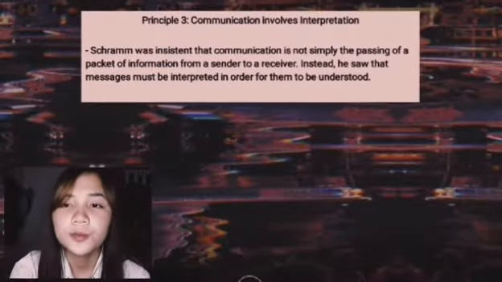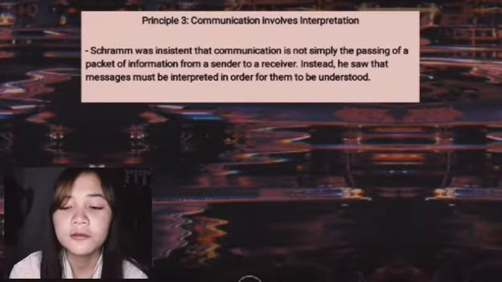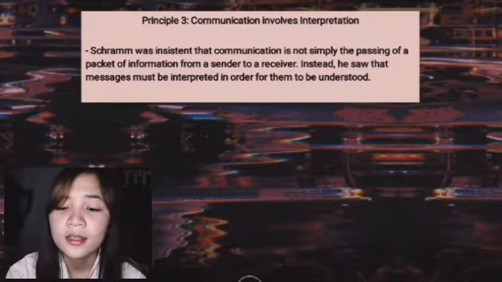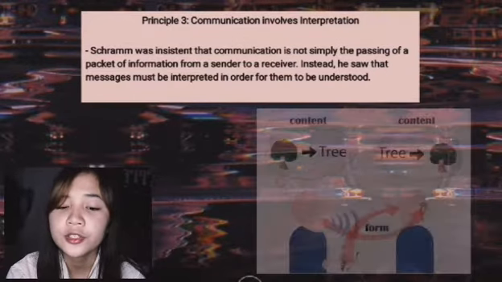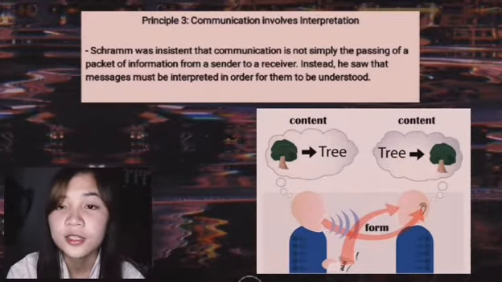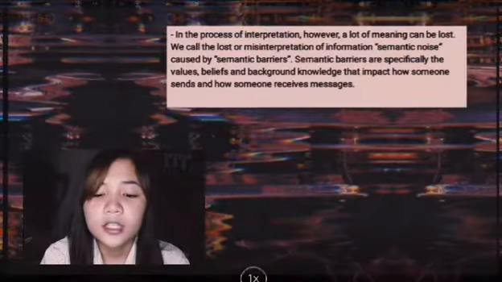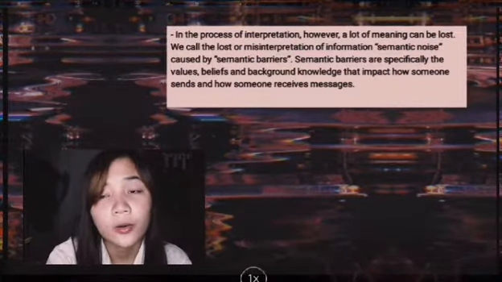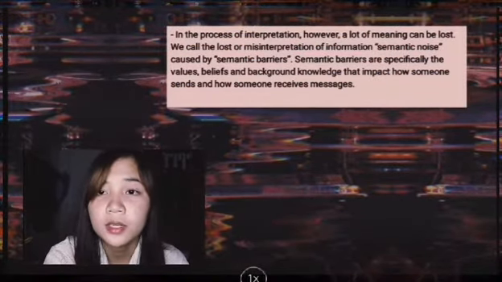The third principle is communication involves interpretation. Schramm insisted that communication is not simply passing a packet of information from a sender to a receiver. Instead, he showed that messages must be interpreted in order to be understood. In the process of interpretation, however, a lot of meaning can be lost.